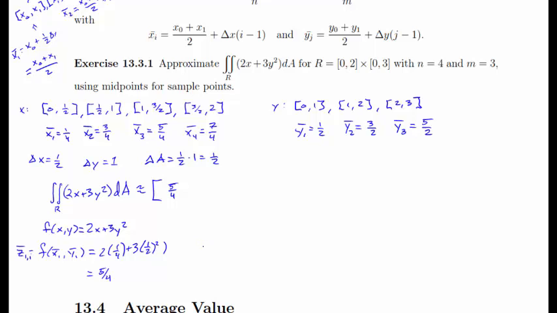We also are going to do this for f of x1 bar comma y2 bar, which is 2 times 1/4 plus 3 times 3/2 squared. And this equals 1/2 plus 27/4. I want to write this as 2/4 plus 27/4, which is 29/4.